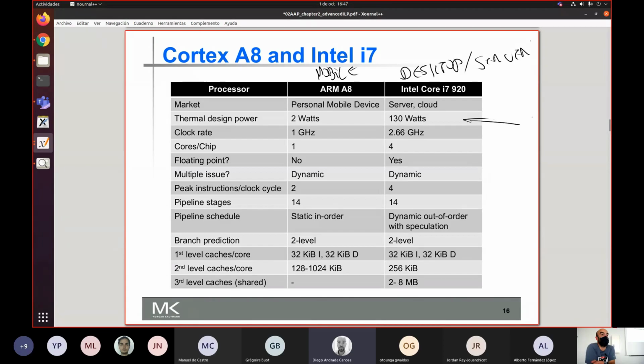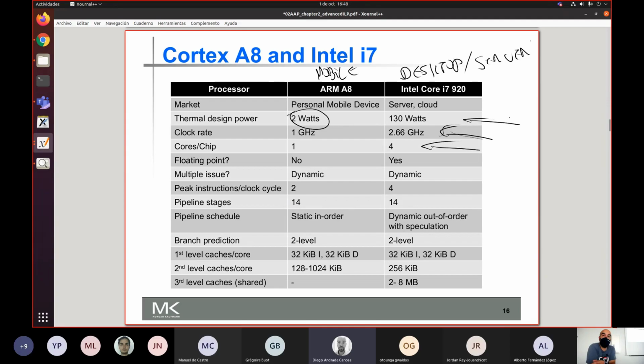One of the reasons for this is the complexity of the hardware. For instance, the clock frequency is usually smaller in mobile processors because, as you know, the higher the frequency, the more power is going to be consumed, okay? Because the switching of the transistors is happening more frequently.